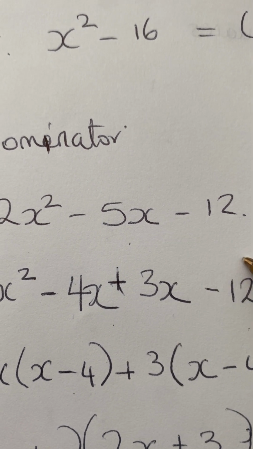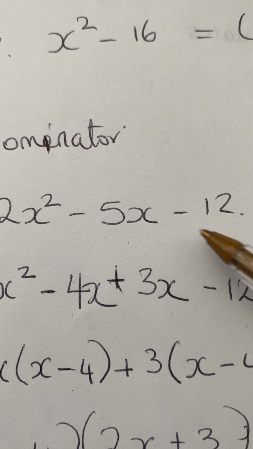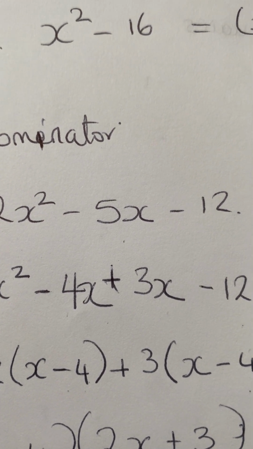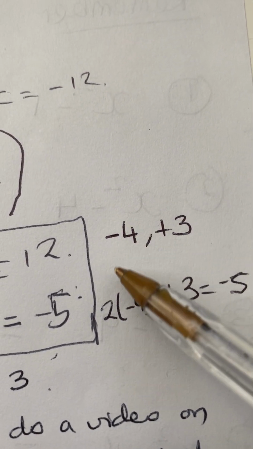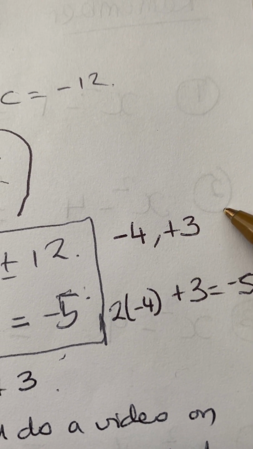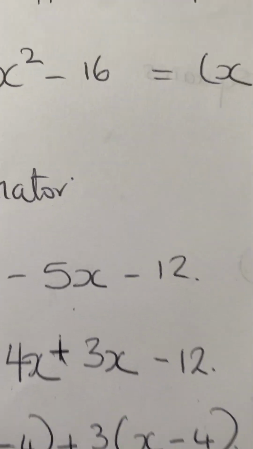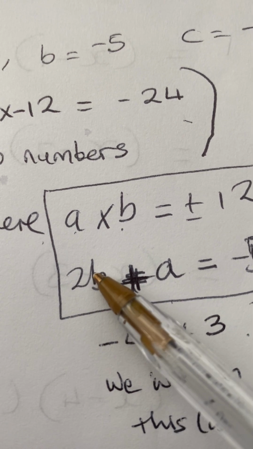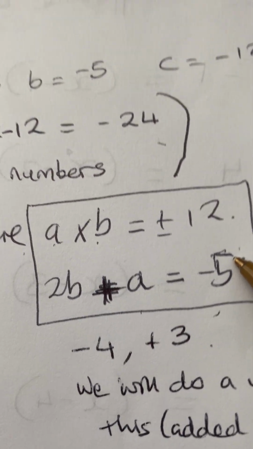So I want two numbers. When I multiply them together, I'll get plus or minus 12. So here, the two numbers I can think of are minus 4 and plus 3. And then those two numbers, when I have 2b plus a, should give me minus 5.